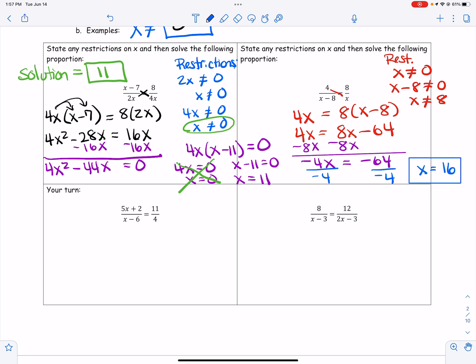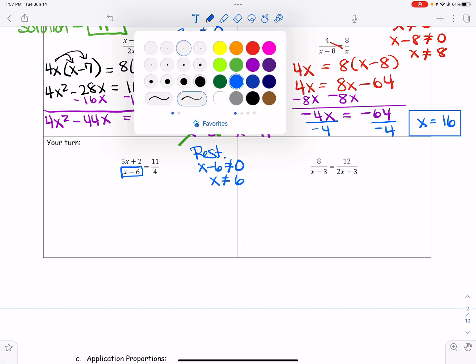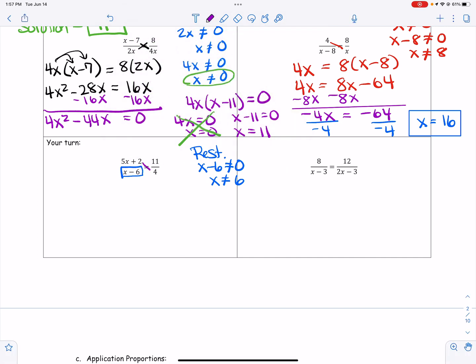Now, they get a little bit more complicated. We just have to make sure that we're watching our steps. For the restrictions, we only set denominators with variables not equal to 0. We don't care about the numerators, it's just the denominators. So our only restriction in this one is that x cannot be 6. Now we can go ahead and cross multiply. If you need to, write it out like this, and then take 11 and multiply by x minus 6.